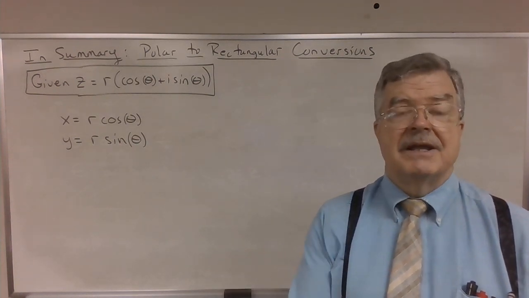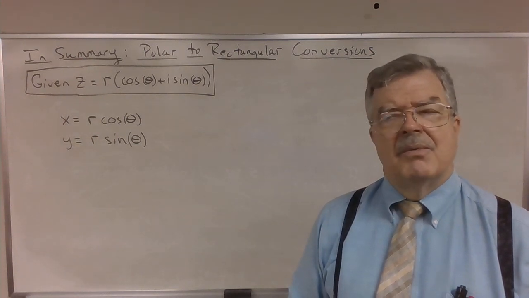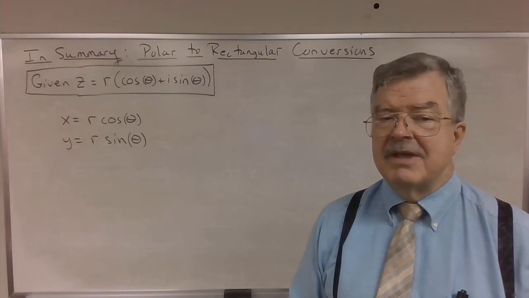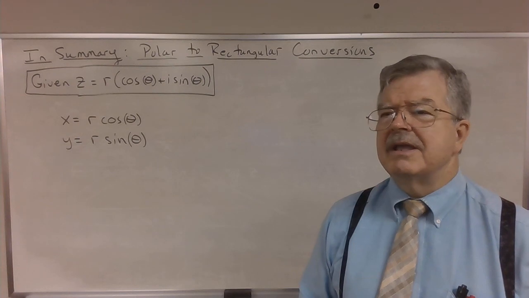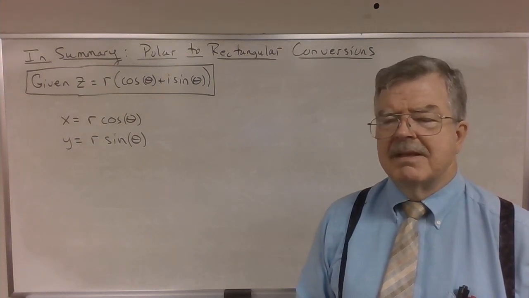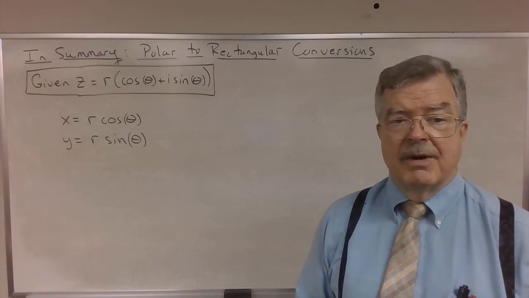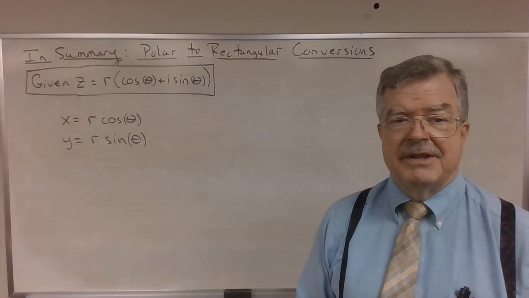We're just multiplying it 10 times by itself. Well, if we had to do that in rectangular form, that would be a pain in a place that I can't mention. But you know what? In polar form, it's very, very easy.